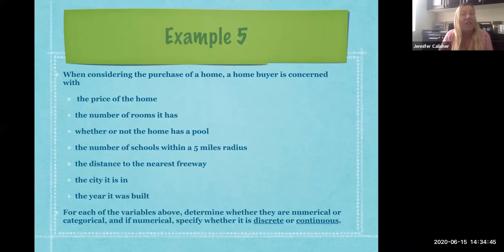I'm going to give you guys like 5 minutes. On your piece of paper, I want you to jot down whether it is numerical or categorical. And then if it is numerical, specify whether you think it's discrete or continuous, and we'll discuss it. So I'm going to give you guys about 5 minutes, okay? So go ahead. I'm going to go check on my kids, so I'll be right back.